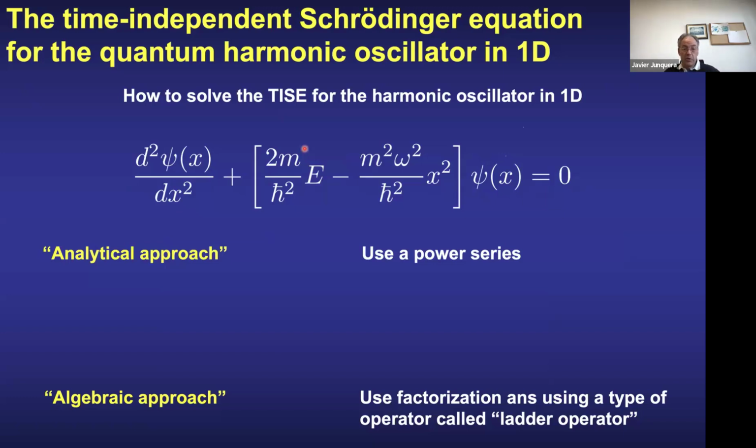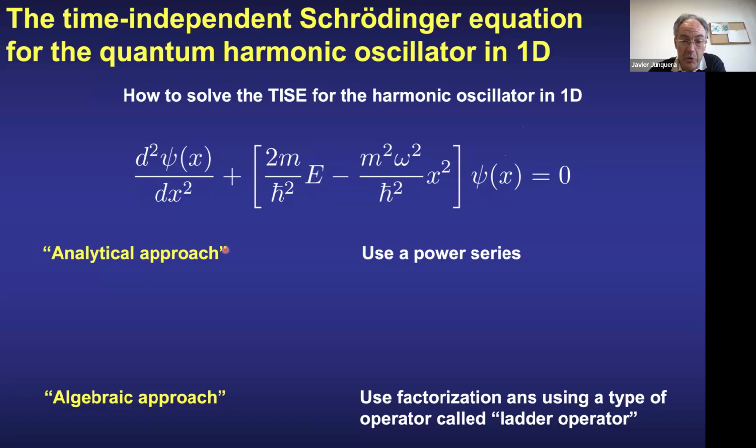And as it happened with the case of the Schrödinger equation for the hydrogen atom, how to solve it is going beyond the scope of this talk. But the only thing that I'm going to tell you here is that there are two approaches.